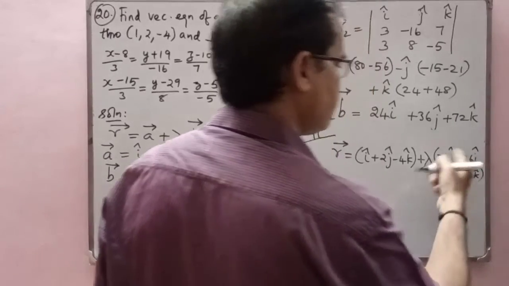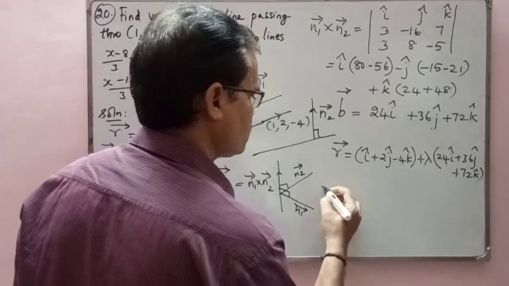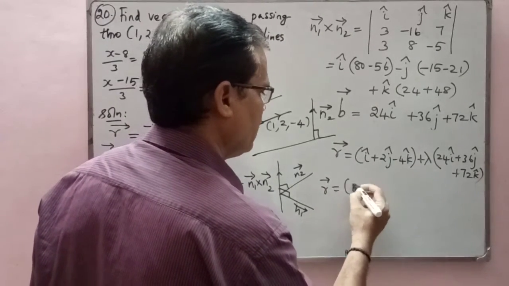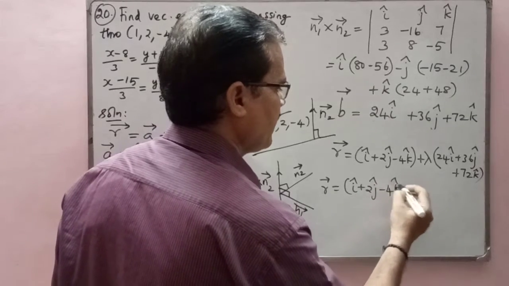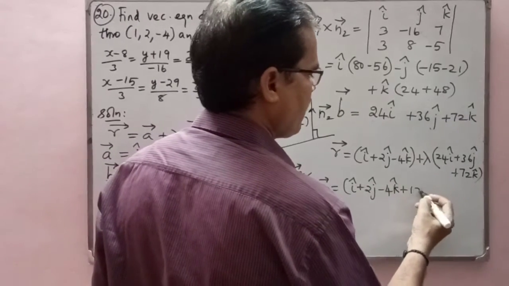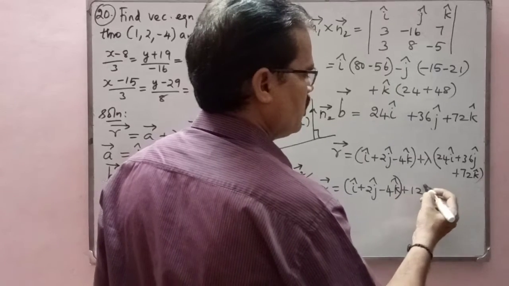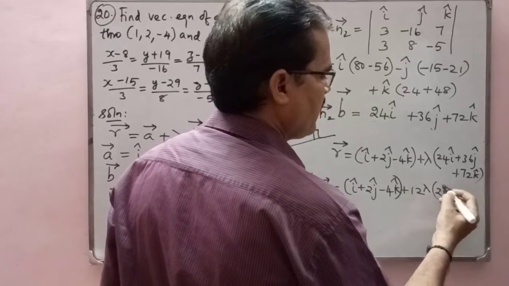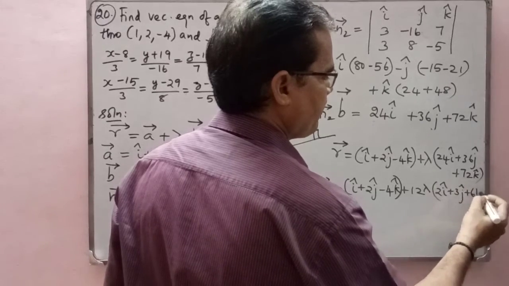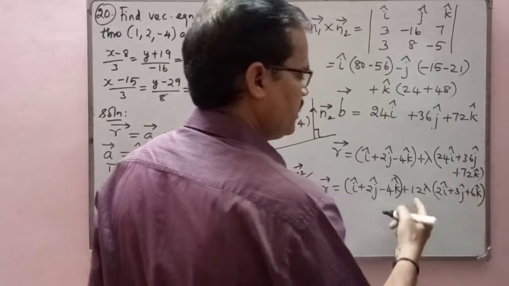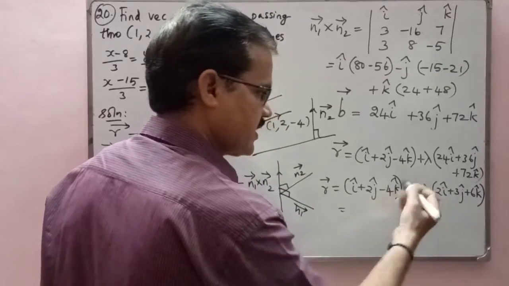Now children, we can see these are all multiples of 12. So we'll bring the 12 outside. So we will have i plus 2j minus 4k plus 12 lambda into 2i plus 3j plus 6k. This 12 lambda is just a scalar.